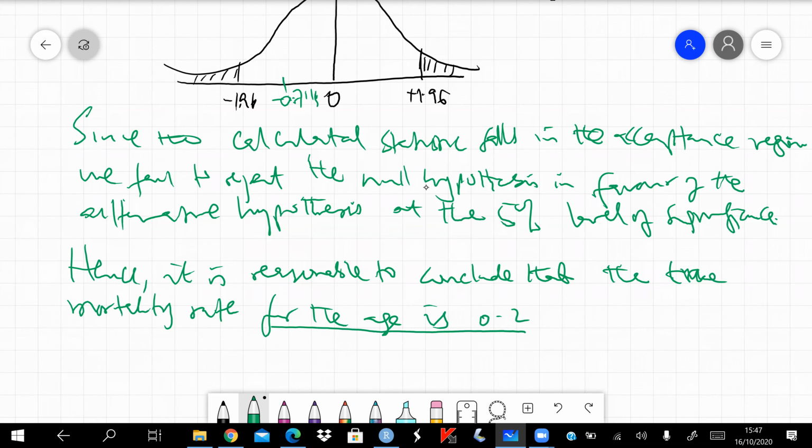So it is reasonable to conclude that the true mortality rate for the age under consideration is 0.2. That is the end of that particular question, that example.